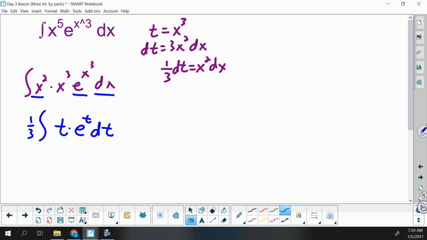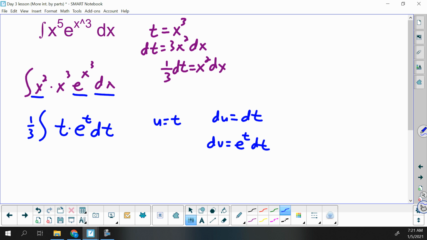Well, that is still a mismatched product, but it's a little bit more manageable. So now we can do integration by parts. There's no logs, there's no inverse trig, so our monomial, like a polynomial, we would let u equal t. Our dv would be the e to the t dt. du would be equal to just 1 dt.